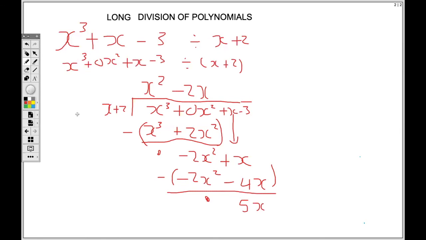Still having an x, so we have to go again and say x into 5x gives us 5. Then 5 times x gives us 5x. Then 5 times 2 gives us 10. Carry down the negative 3. So we have the negative 3 here, subtraction sign.